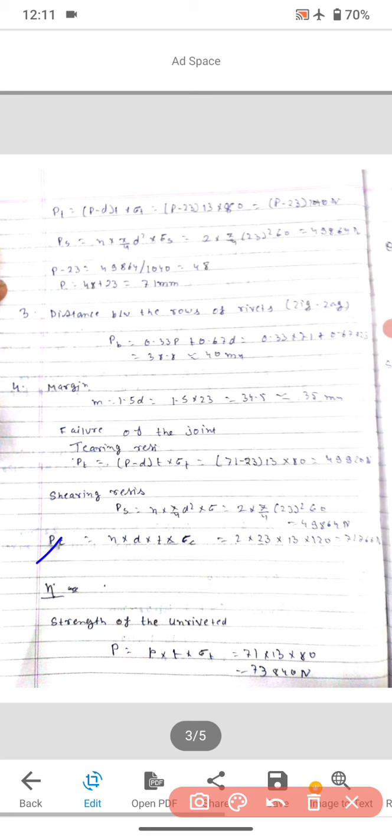Next, Pc, that is the crushing resistance. It includes the crushing of the plate or the crushing of the rivet head, and this is due to the compressive stress applied on the rivet as well as the plate.